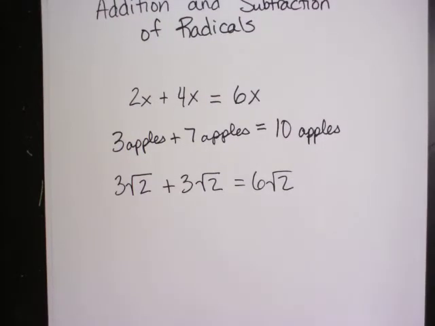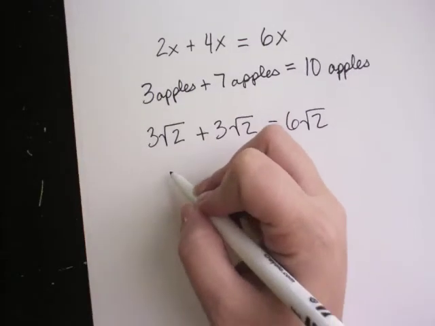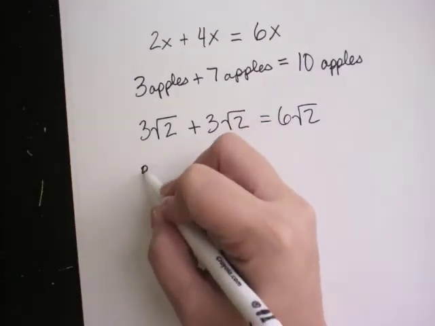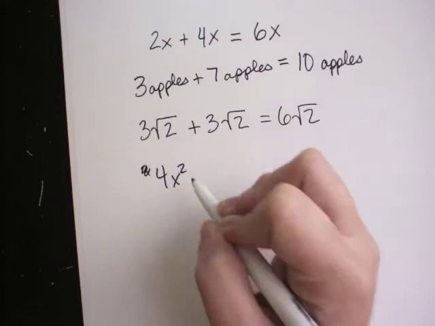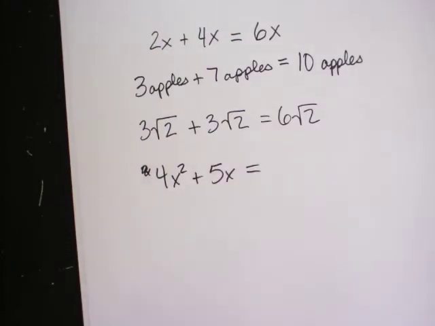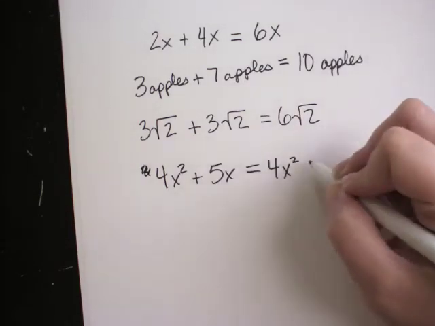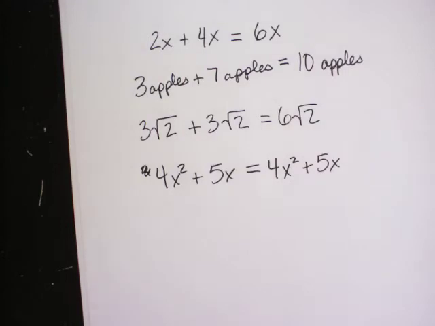Okay. That being said, if I have 4x squared plus 5x, what do we get? We get 4x squared plus 5x. Exactly. You cannot combine those because they're not the same type of term. The same thing is going to go for radicals.